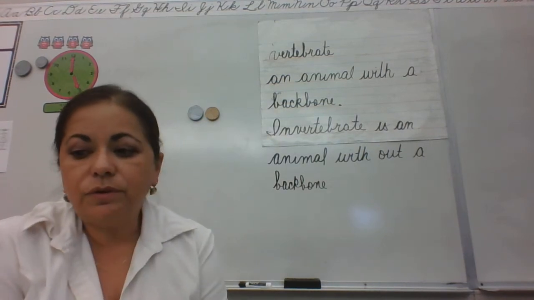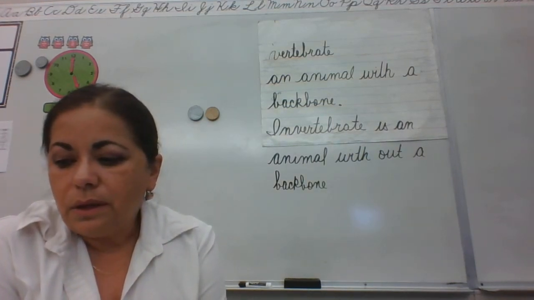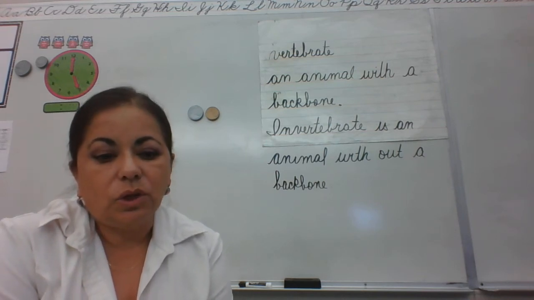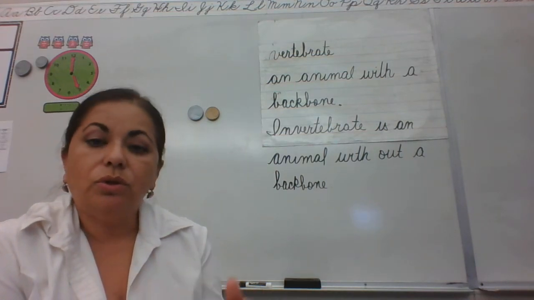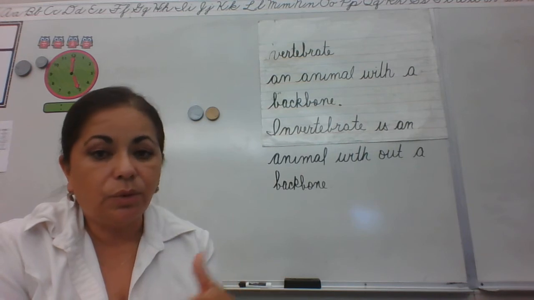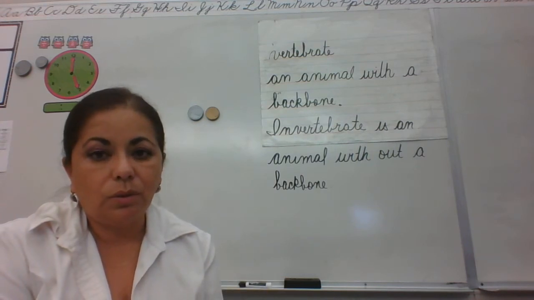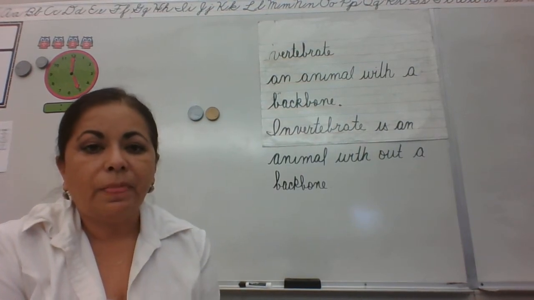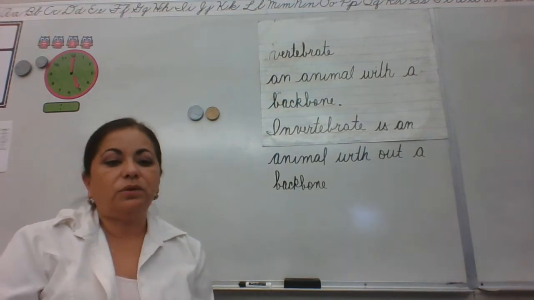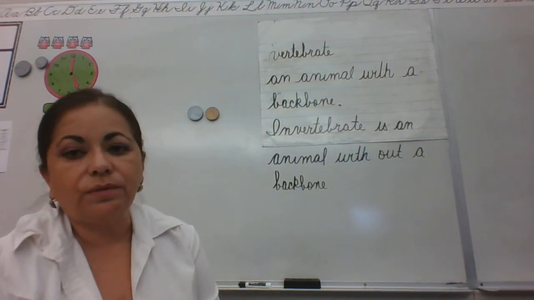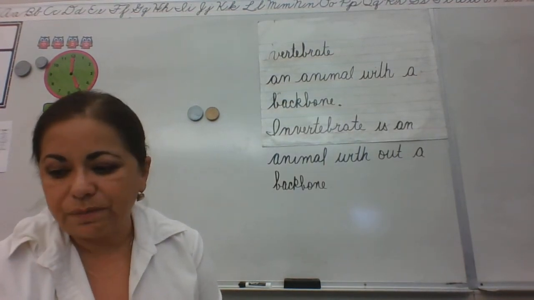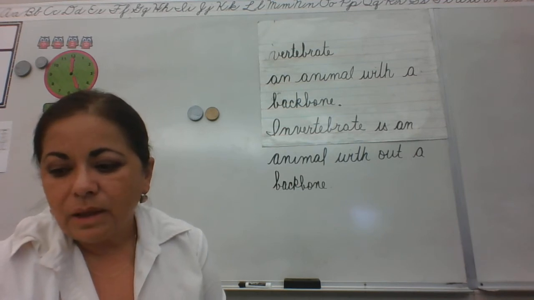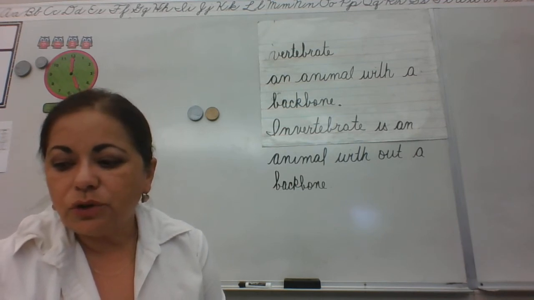I'm going to help you with the first few lessons to write the answers down. Eventually, I want you to learn to find the answers. I'll read it with you and point out what's important in the lesson. But eventually, I want you to be able to find the answers for yourself and write the answers down for yourself. Okay? What are the two major groups of animals?